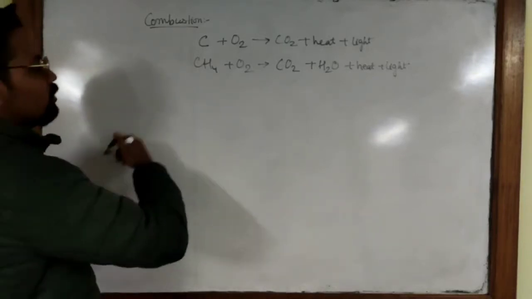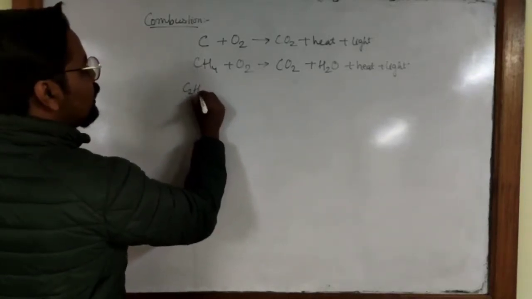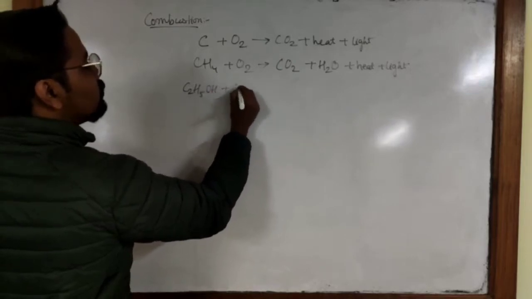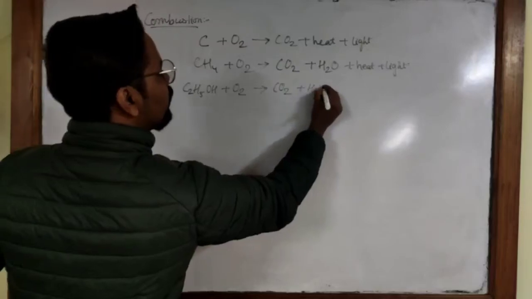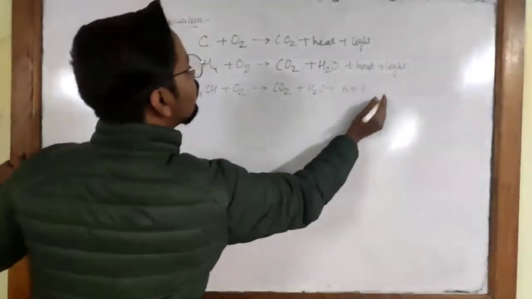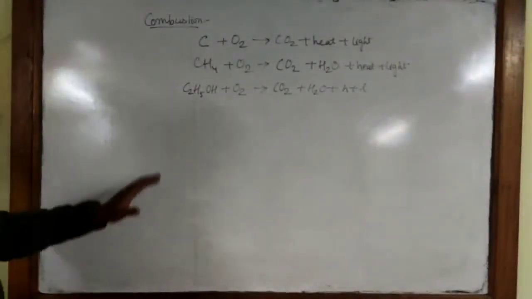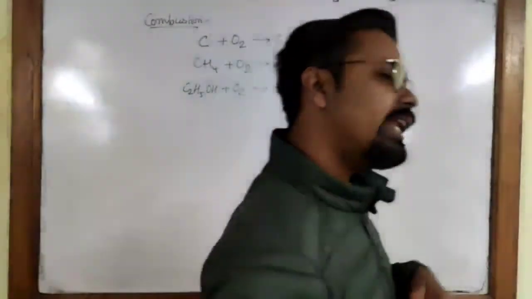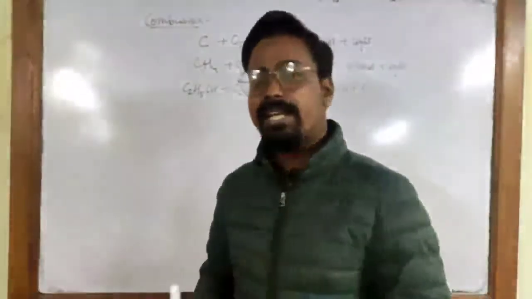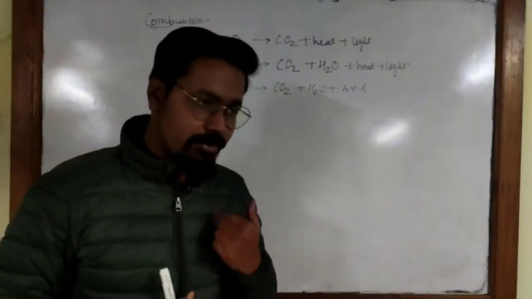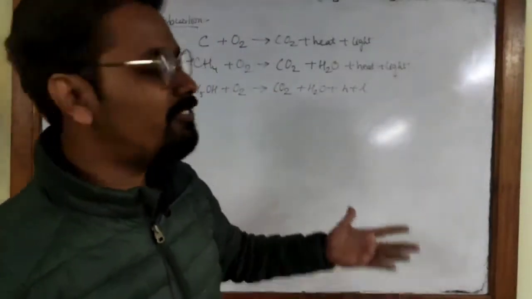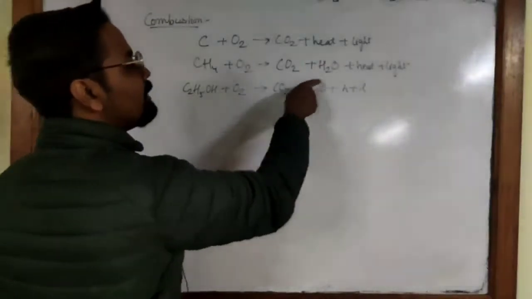Suppose you want to put ethanol, C2H5OH plus oxygen, it will again give you the same products, carbon dioxide, water, heat and light. So any hydrocarbon containing any functional group, if they react with oxygen, they will give you carbon dioxide, water, heat and light. So very easy to remember because the products remain the same.